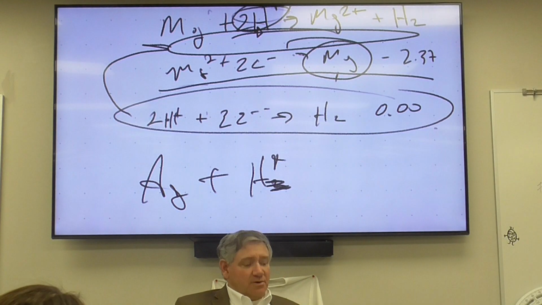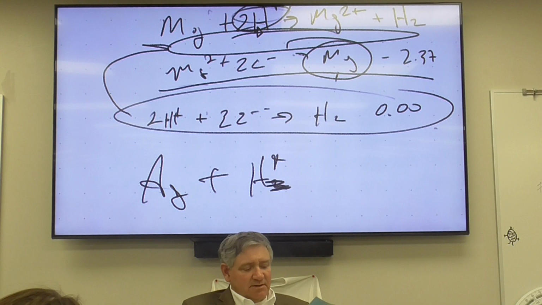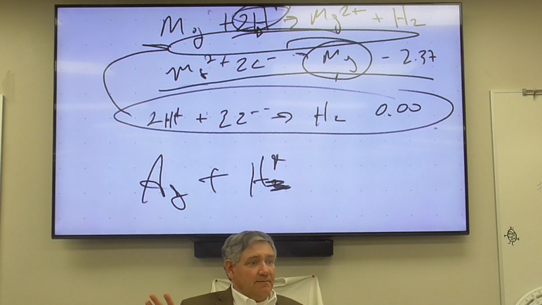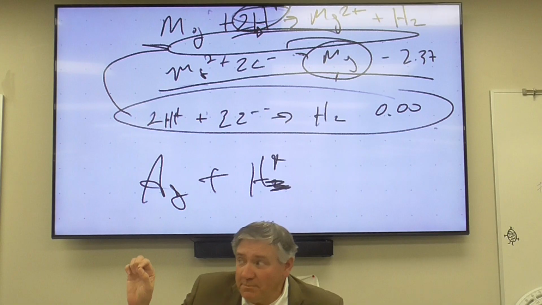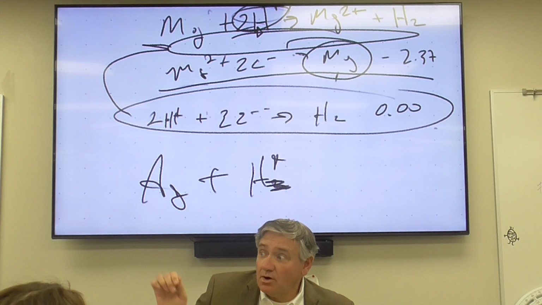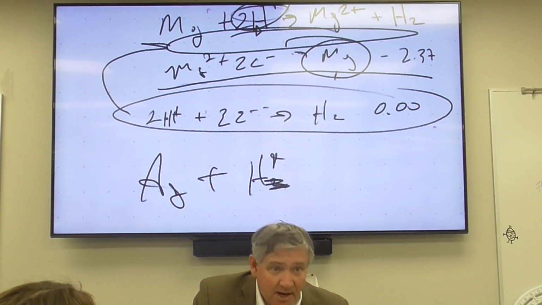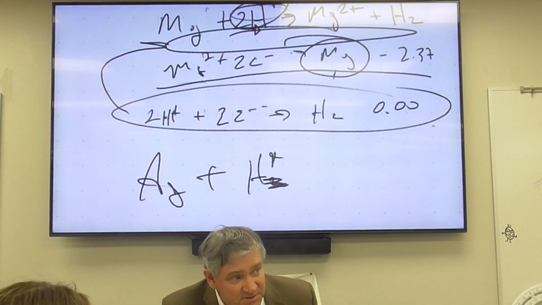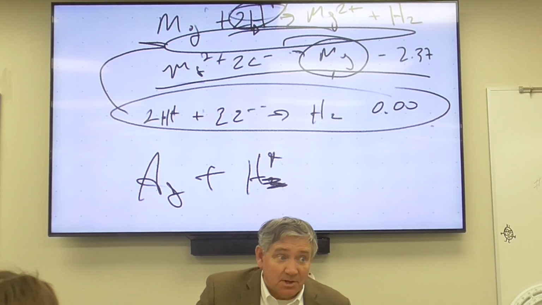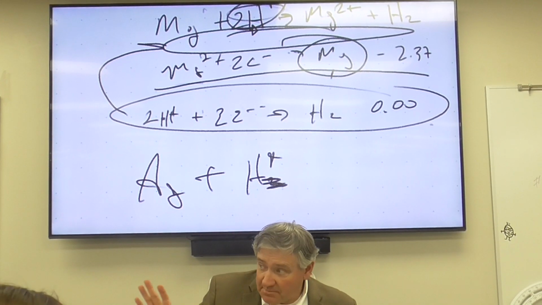Nothing, because it's the over-under game. Silver is above hydrogen. No reaction is going to take place. But again, you have elemental silver, not silver ions. So hydronium ions can't take away electrons from silver, but they can take away electrons from anything that's below that. Does that make sense?